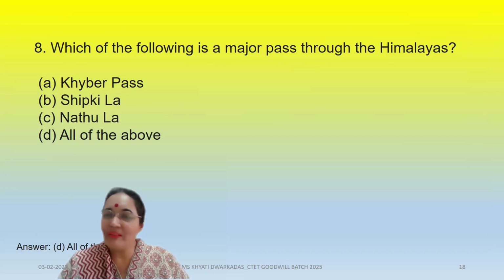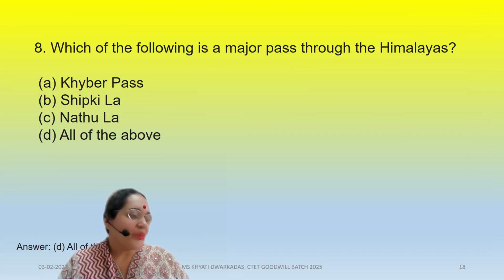Khyber Pass, Shipkila Pass, Nathula Pass are all major passes through the Himalayas at different places. So the correct answer is D, all of the above.